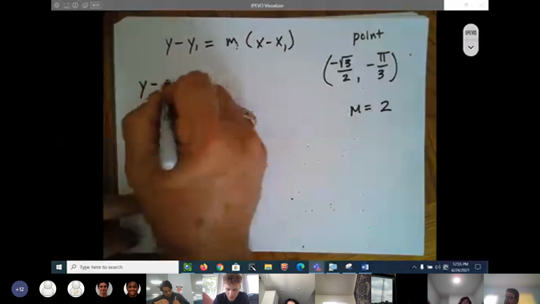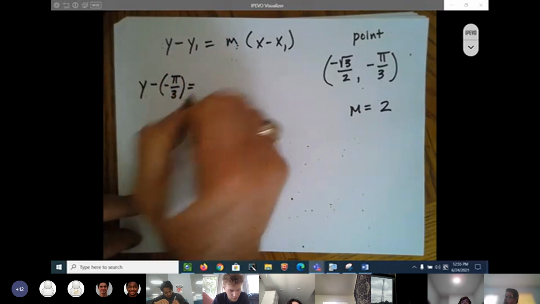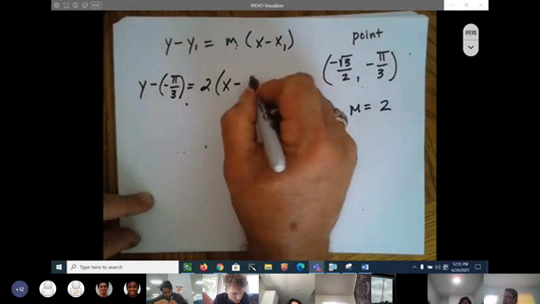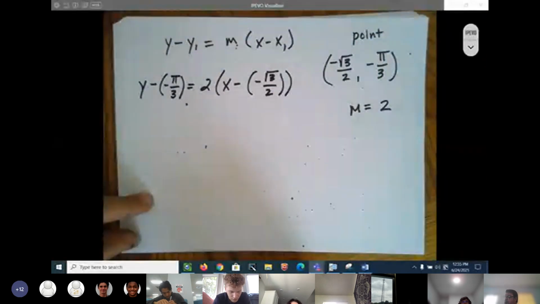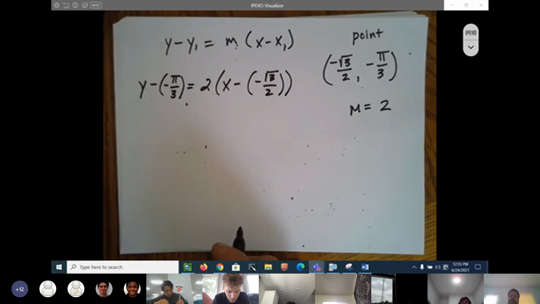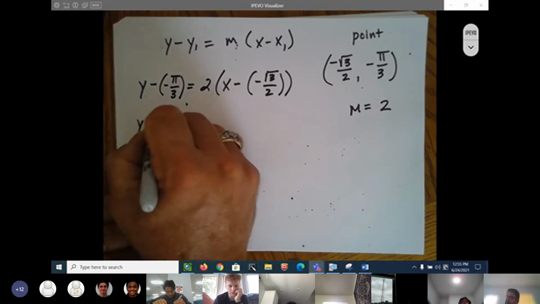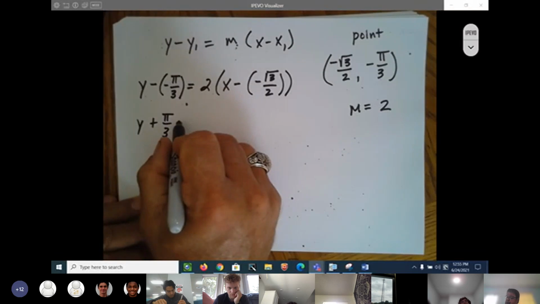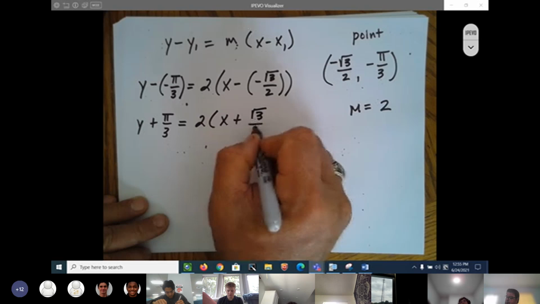Y minus negative pi over 3 is equal to 2 times x minus negative square root of 3 over 2. Now it's just simplify. y plus pi over 3 equals 2 times x plus square root of 3 over 2.